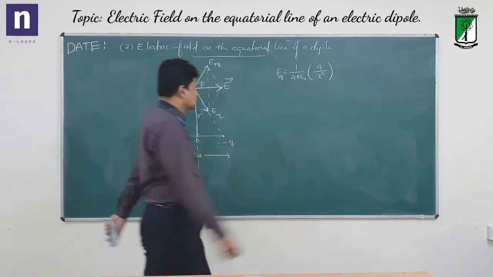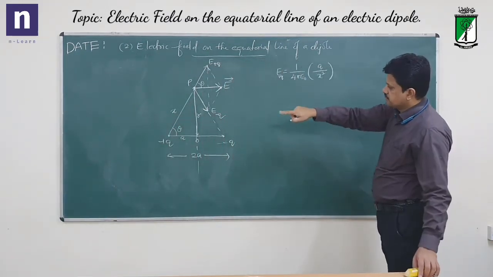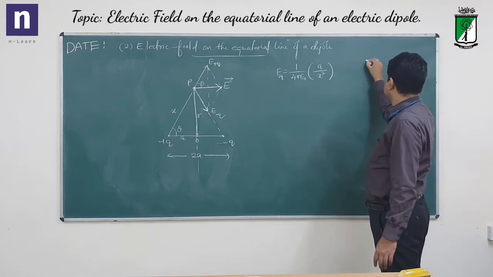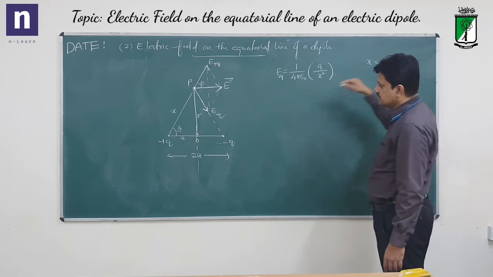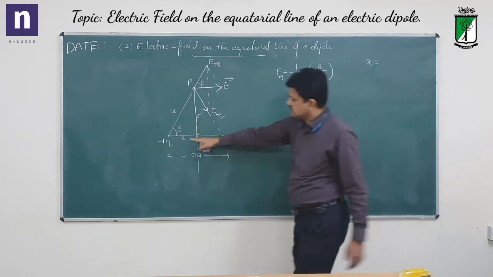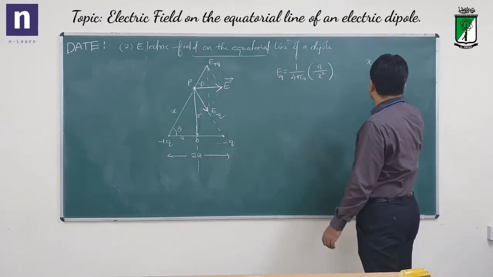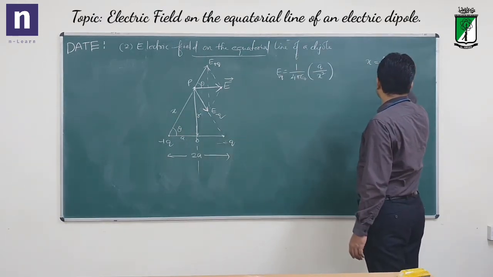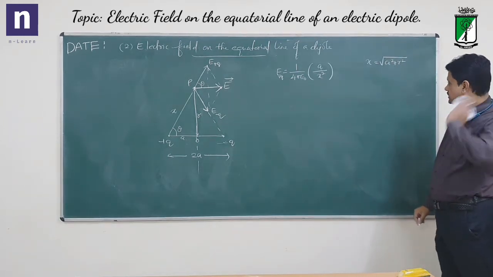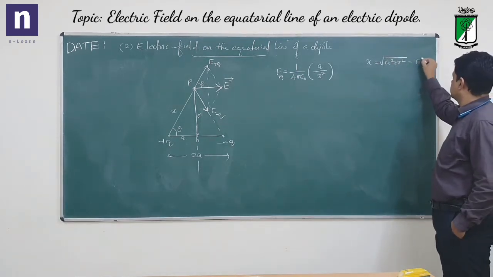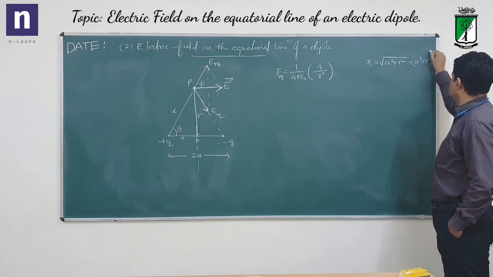Now what is x? Let us check that. From Pythagoras theorem, x is equal to root of a square plus r square. So x is equal to (a square plus r square) power half.